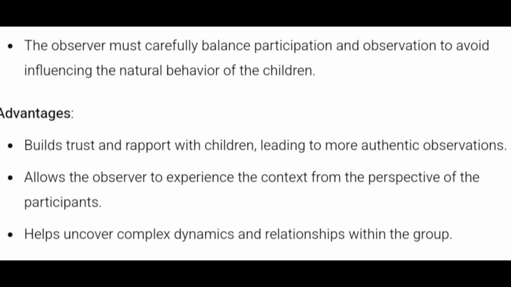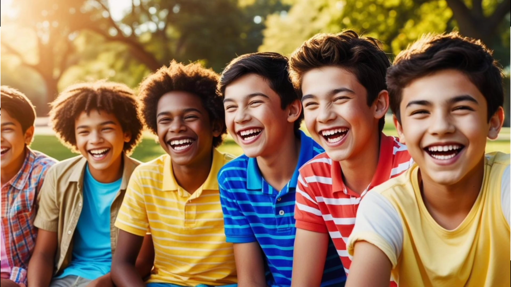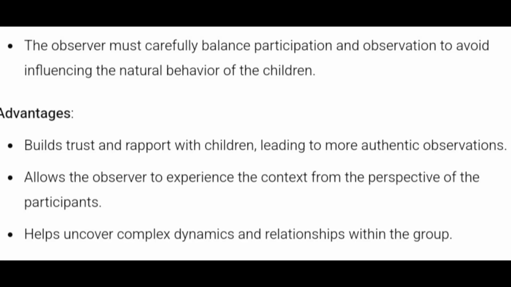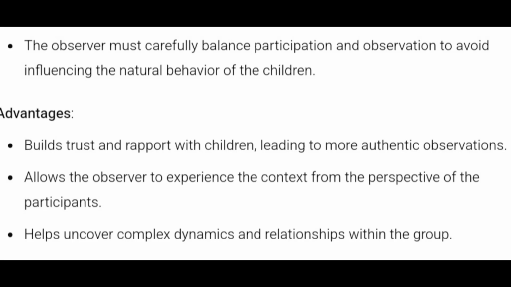However, even though the observer is taking part in the group activities, engaging himself actively with the children, he should ensure that he is participating in a balanced manner, and that his presence does not influence the subject or the child he is studying. It should be that his presence does not affect the child, and the child behaves as he would behave without him, right? So his presence and absence should not make any difference in the behavior of the child.